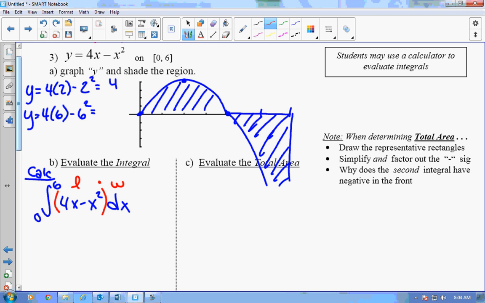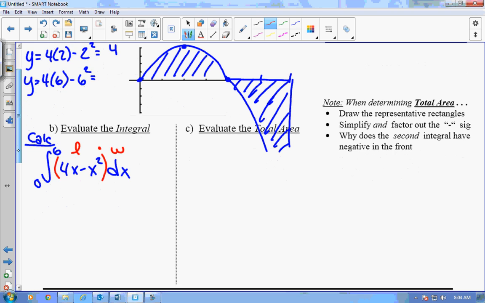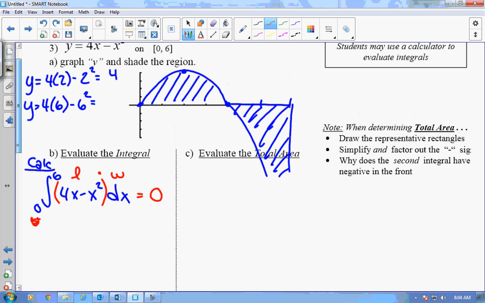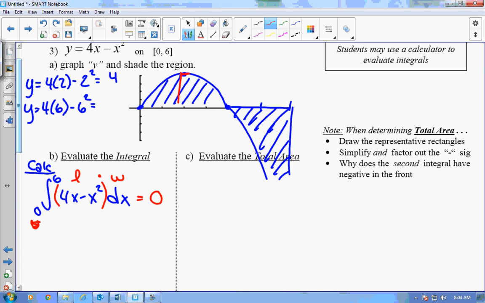What do we get when we evaluate the definite integral using the calculator? Equals 0. Why do we get 0? I see a shaded area. Why do we get 0? Yeah, we have this positive area, and we have some negative area, but they happen to be exactly the same.